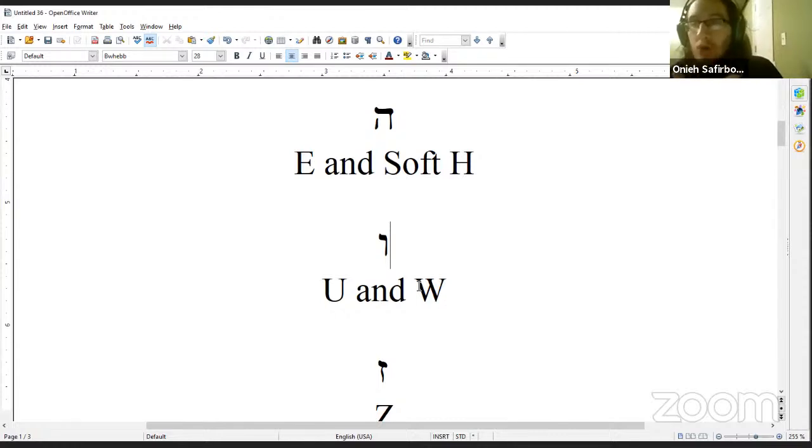Ooh. When you're saying it slowly, you can hear that W. And when it precedes another vowel, it's going to become a W in sound. So if you say ooh ah, it flows into the next vowel.